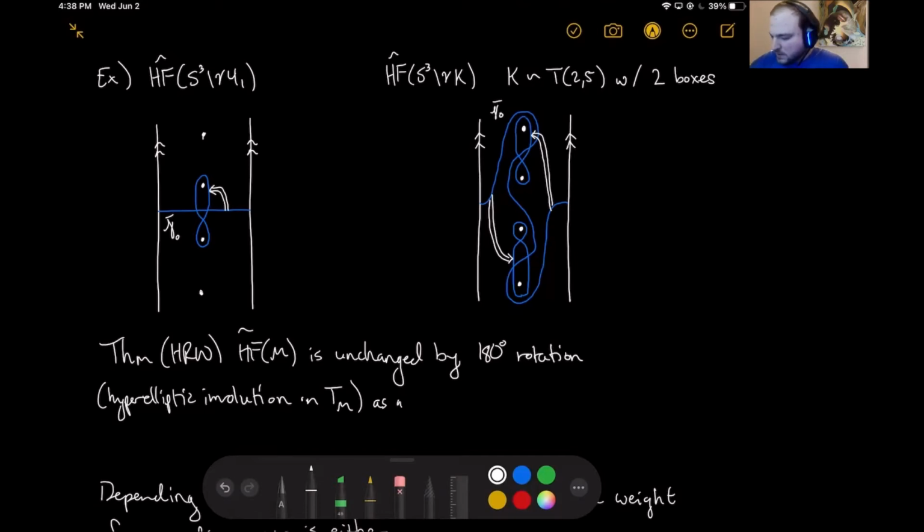And this is as unlabeled curves. So one thing that you get from this is that you have the same number of figure 8s located at a positive height as you do at a negative height.